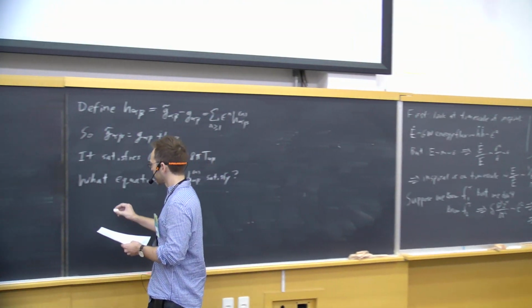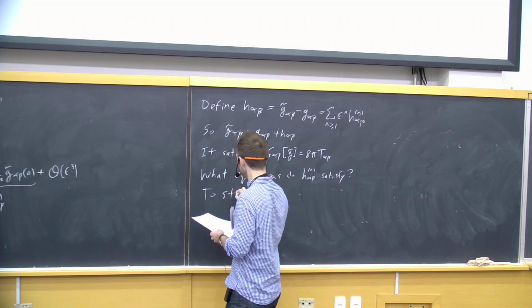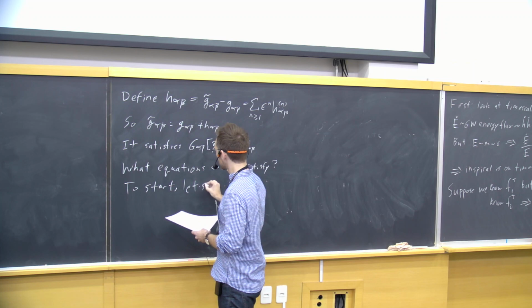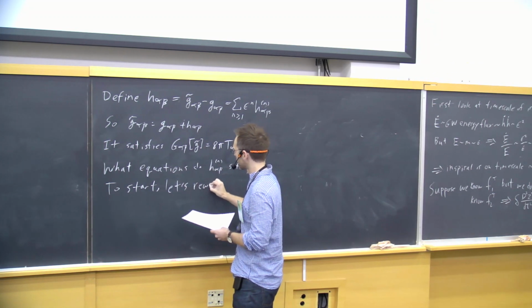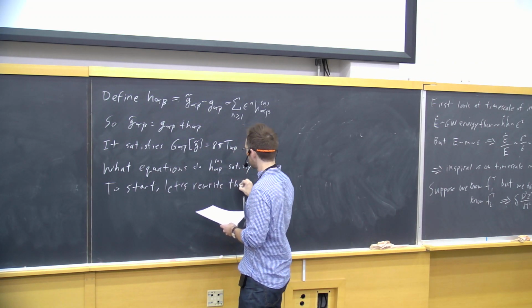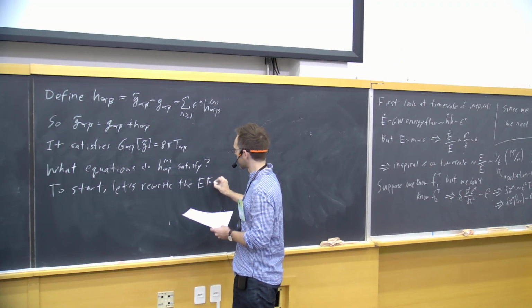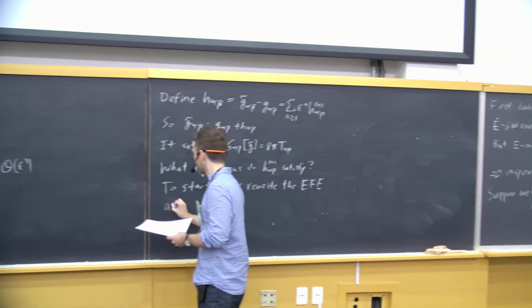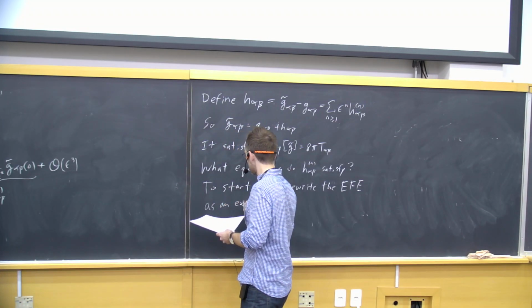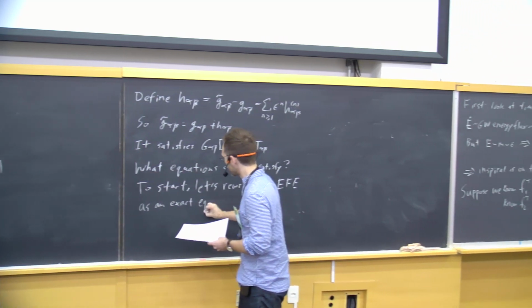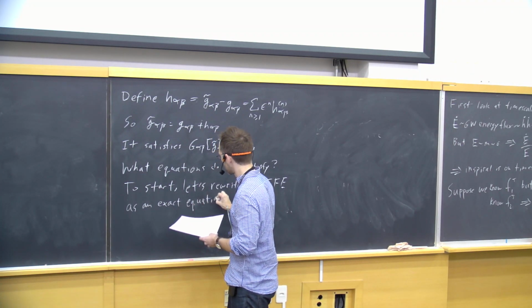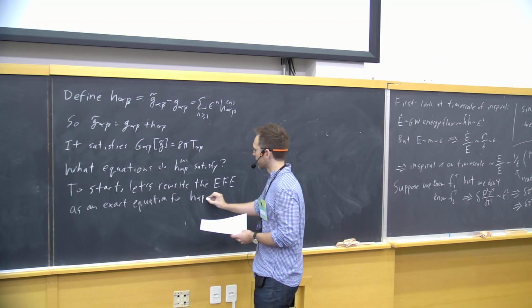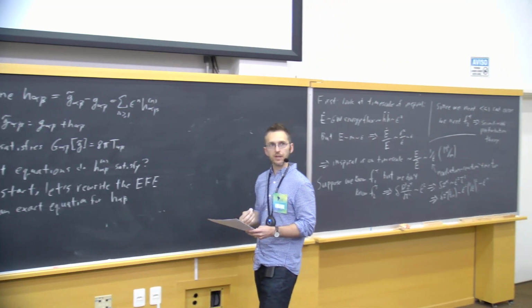So to start, we will rewrite the Einstein field equation, which I'll write as EFE, as an exact equation for the total perturbation H alpha beta, rather than for H1, H2, H3, and so forth.